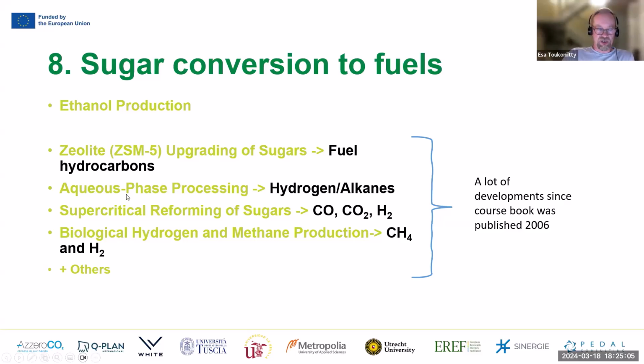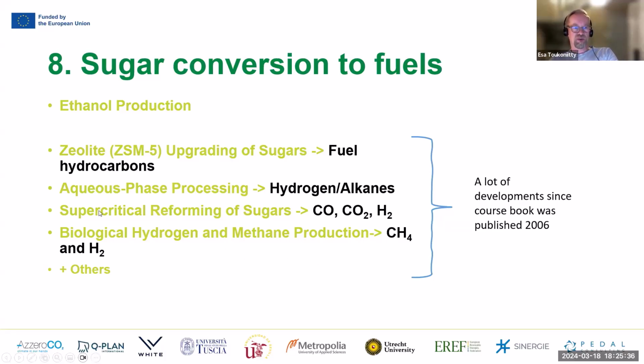This we take a look at perhaps later, but it also starts from sugars, the same as making ethanol, but we end up with hydrogen and some hydrocarbons. These, of course, don't need to be used for fuel production, but these would be suitable, at least the alkanes. Fuel contains alkanes, so why not?